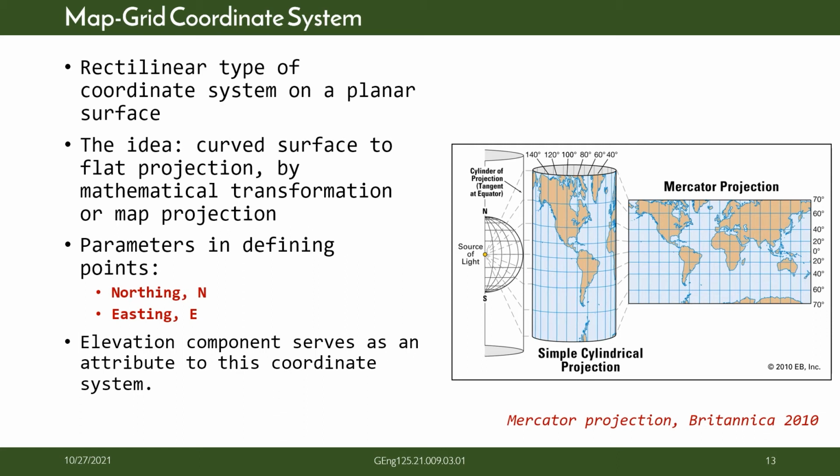So this is a rectilinear type of coordinate system on a planar surface. That's why, when you try to project a surface on a flat sheet, the tendency is there will be distortion such as this one. This should be somehow in the form of a grid, but somehow it is elongated.